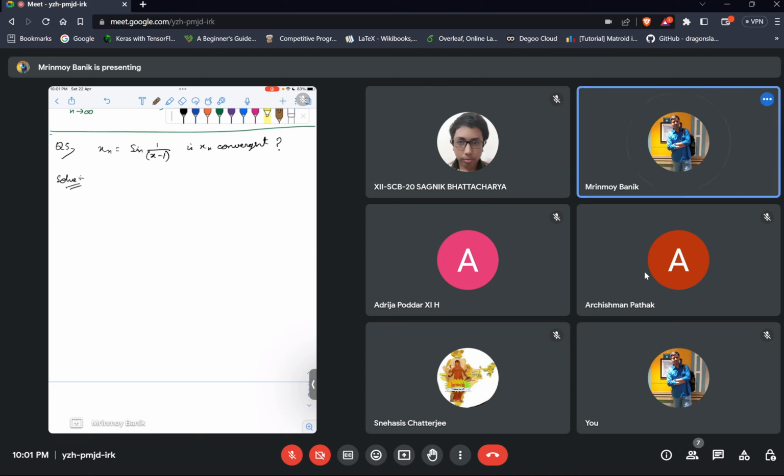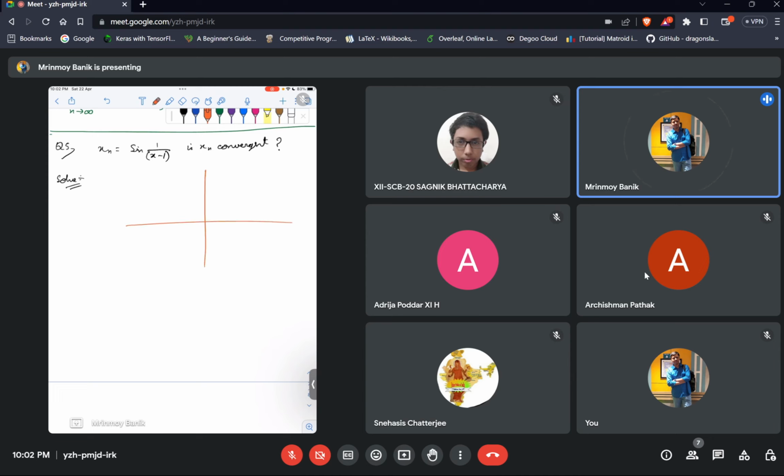Okay, so did you have any guess what the limit can be, or whether or not the limit exists? I could draw the graph.